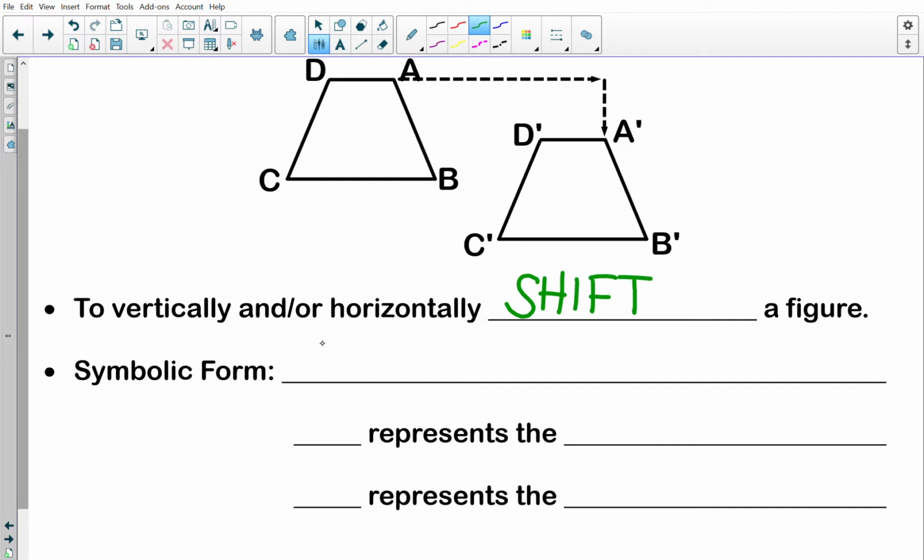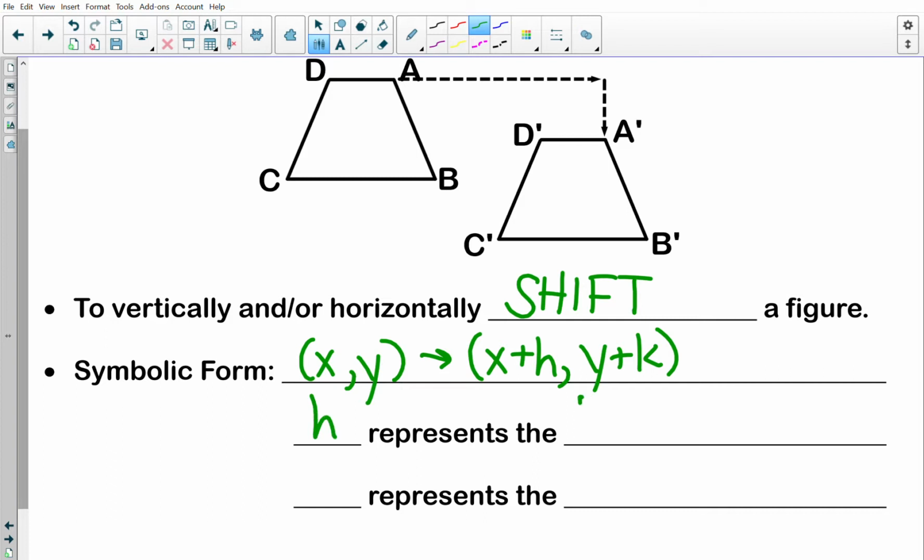And we can do this in symbolic form where (x, y) goes to (x + h, y + k), where h represents the horizontal shift, and k represents the vertical shift.